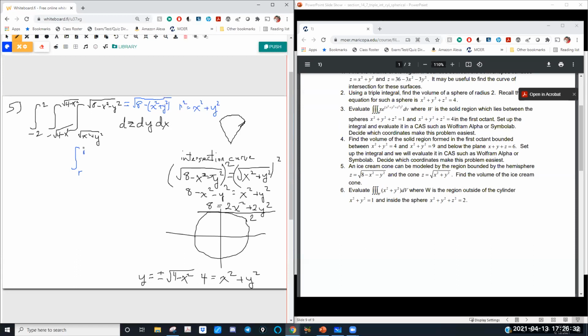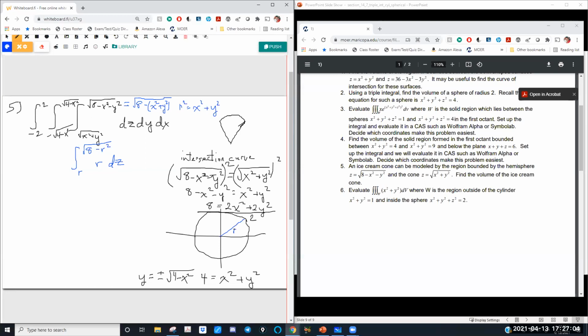So that upper limit is square root of 8 minus r squared. Now we're doing cylindrical, so we need to put an r in there, and we're still doing z first. That's one of the nice things about going from rectangular to cylindrical. Z is the same, so if you're doing z first in rectangular, you might as well do it first in cylindrical.